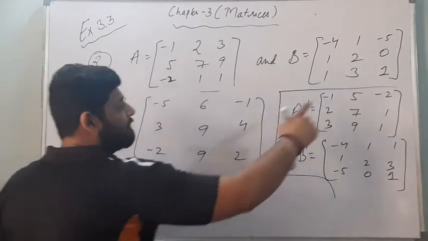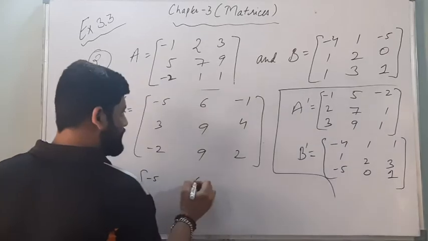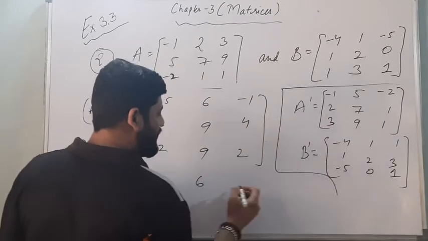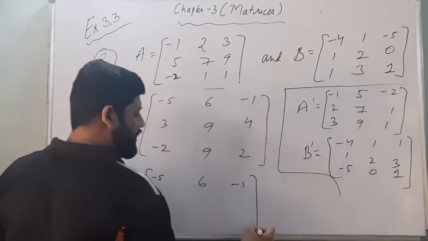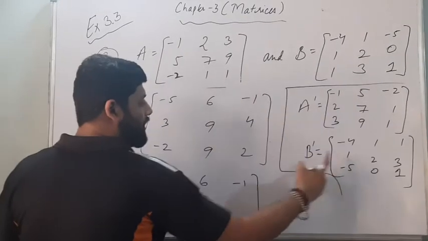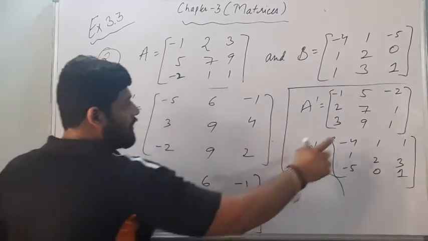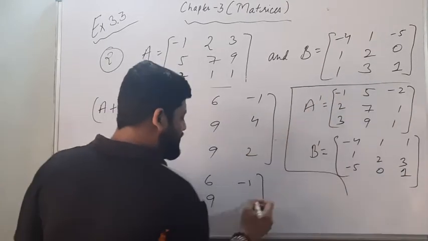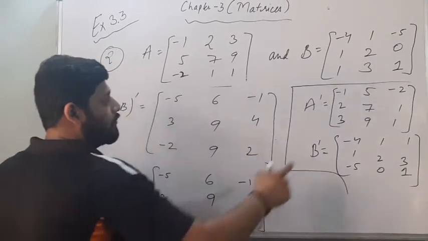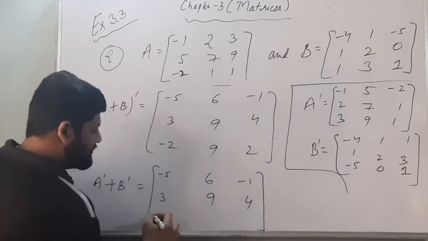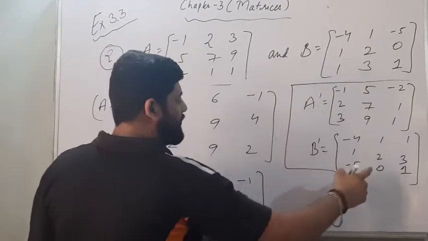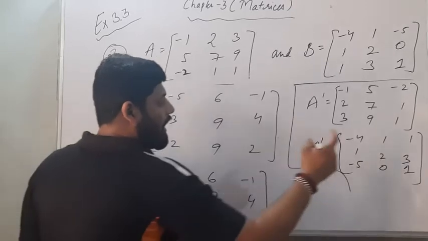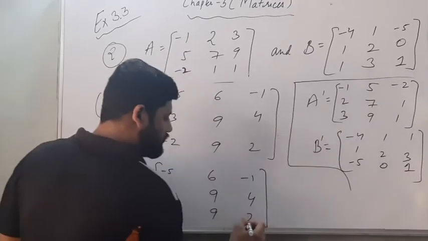And then 5 plus 1 is 6. -2 plus 1 is -1. Now 2 plus 1 is 3. 7 plus 2 is 9. And 1 plus 3 is 4. Now 3 minus 5 is -2. 9 plus 0 is 9. And 1 plus 1 is 2.